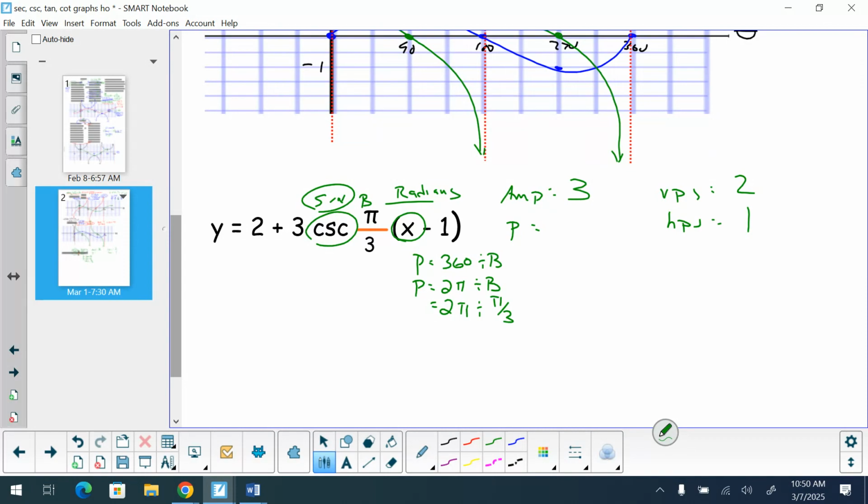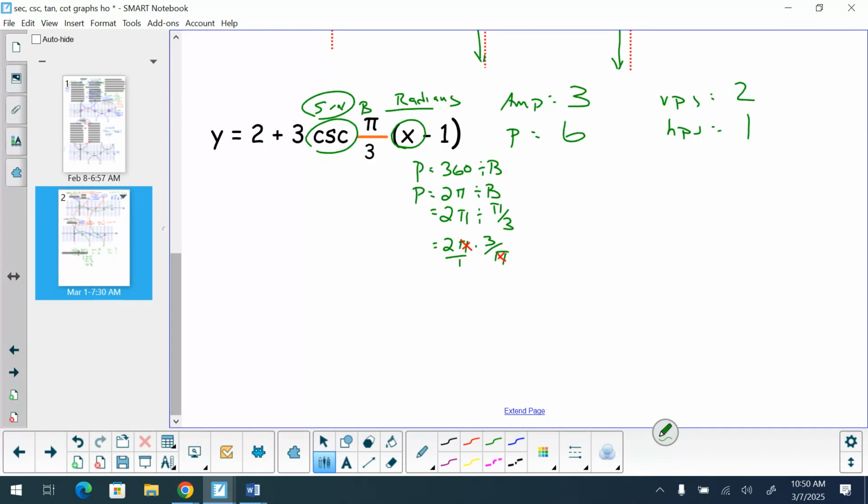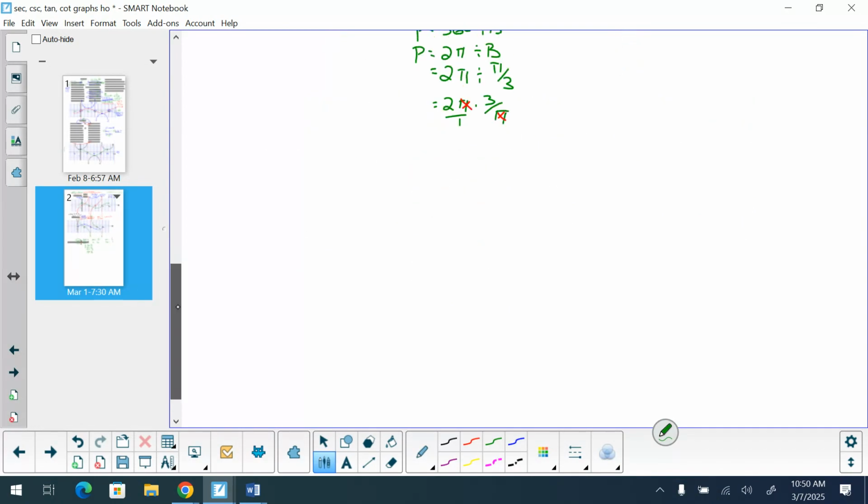Dividing a fraction, we flip and multiply. 2 pi times 3 over pi. And what happens nicely is the pi's go bye, bye. So we have a value of 6. 2 times 3 is 6. Numbers get really small, which is nice.